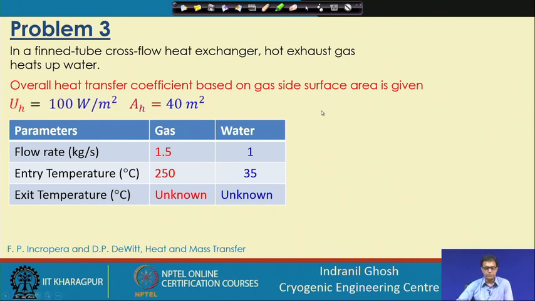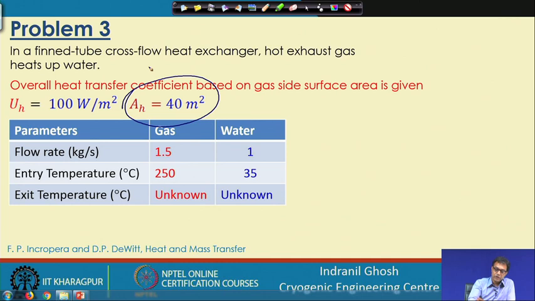But in this problem, it is as if this is a heat exchanger which is already known to us and in service. According to that design calculation, we estimated the area to be 39.1 or 39.7, so we have manufactured a cross flow heat exchanger of area AH equals 40 meter square, and the overall heat transfer coefficient is still around 100 watt per meter square Kelvin.